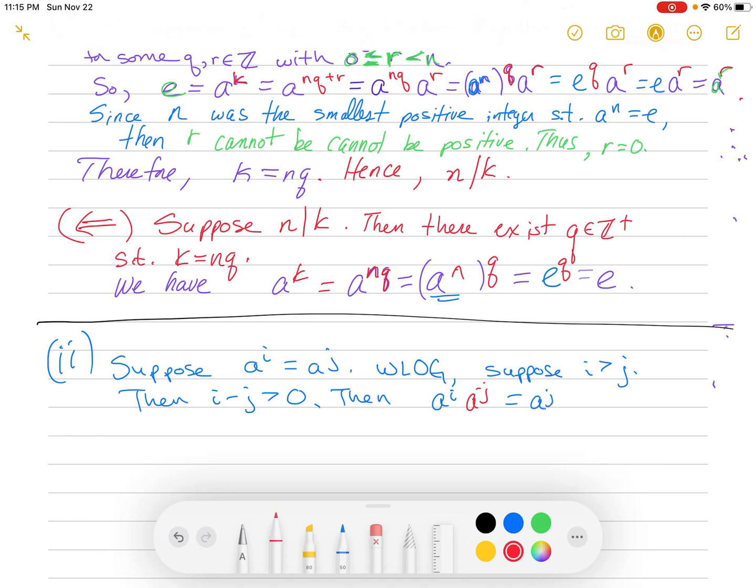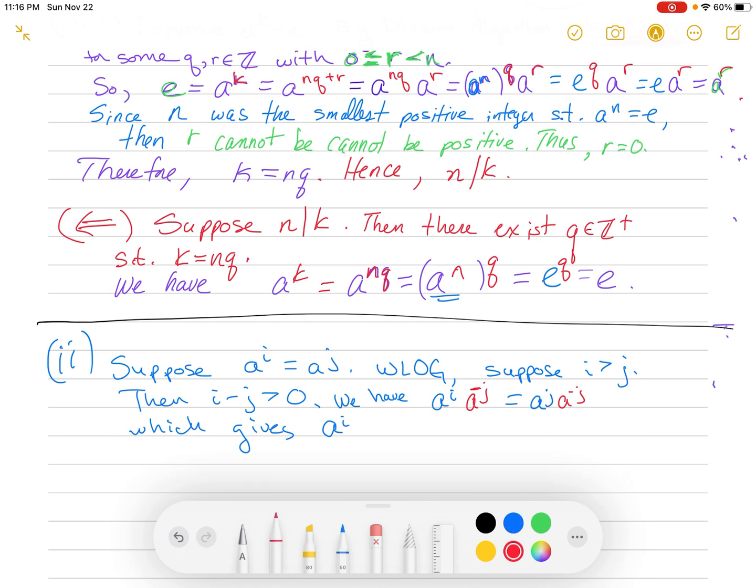This is going to be equal to a to the j times a to the minus j, which gives, so this is a minus symbol right here, so you're going to end up with, the property says you add the exponents, right?